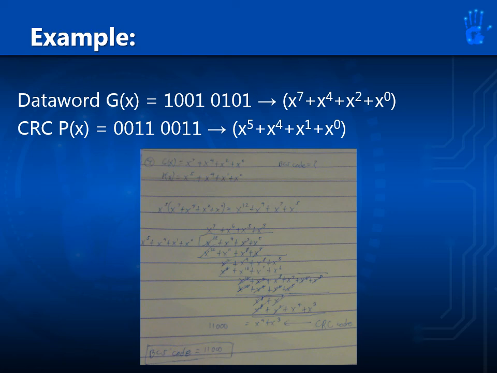This is our BCS, or CRC code. This is what we will append to our data word for transmission.